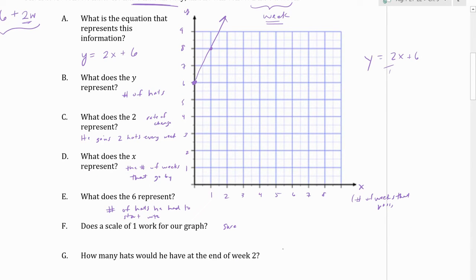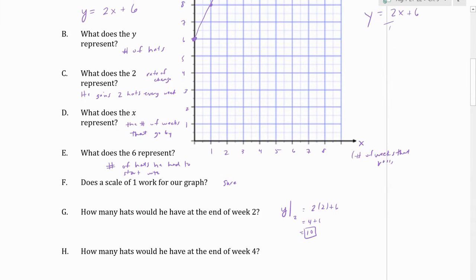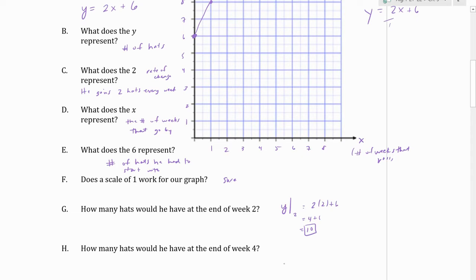If the x stands for the number of weeks, let's figure out what the y is when we plug in a 2. He'd have 10 hats. What's the y when you plug in a 4 at the end of 4 weeks? He'd have 14 hats.